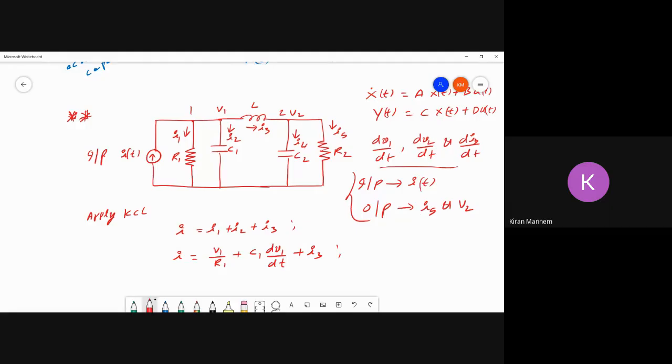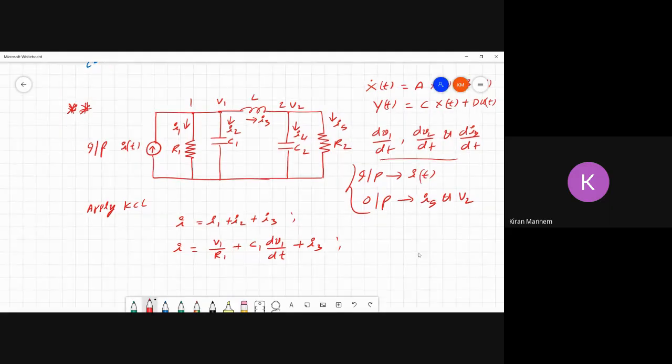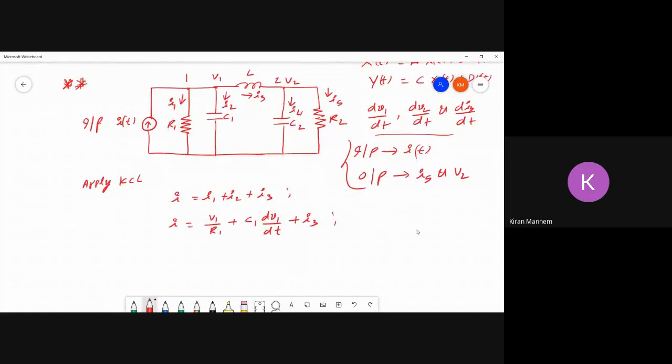So I can rewrite this equation as dV1 by dt is equal to minus V1 by R1 C1 minus I3 by C1 plus I by C1.